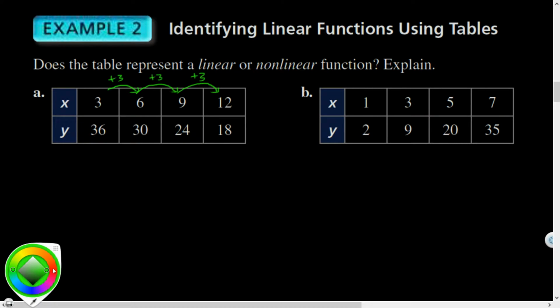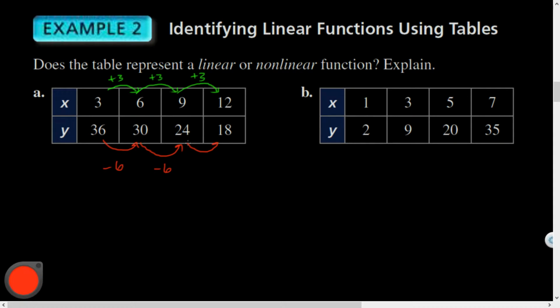Looks like this is decreasing. This is minus 6. To go from 30 to 24, what was the change? Also minus 6. And 24 to 18 is also minus 6. So far it looks like it's going down 6 and over 3, because the y is the up and down when thinking about rate of change.